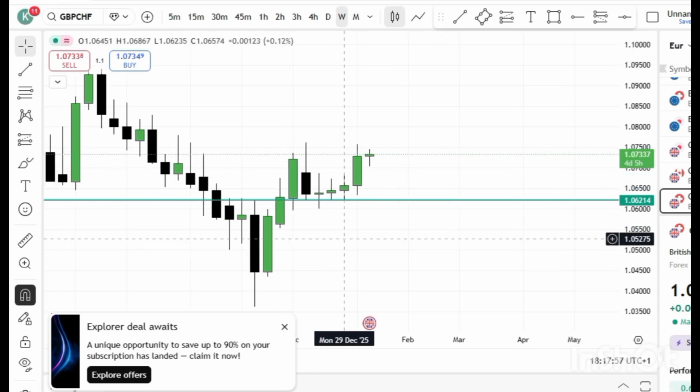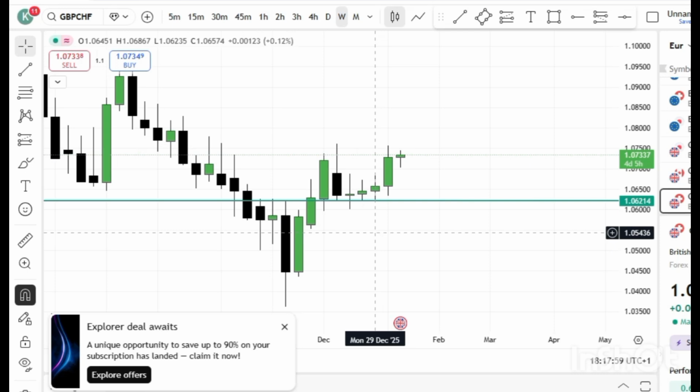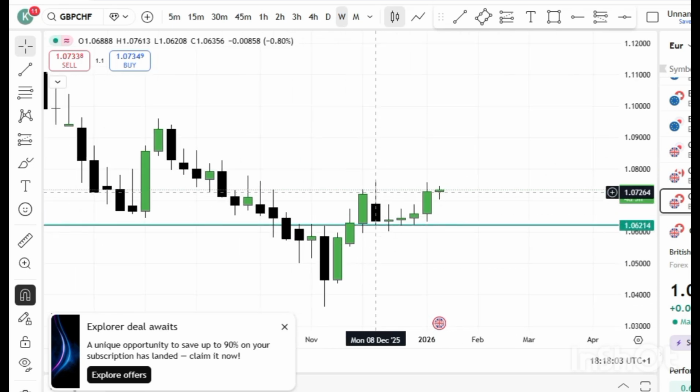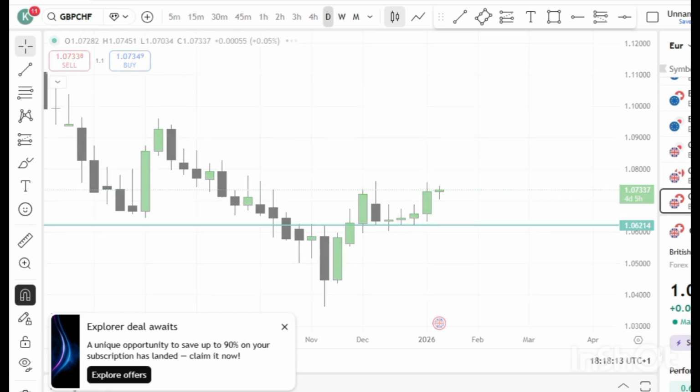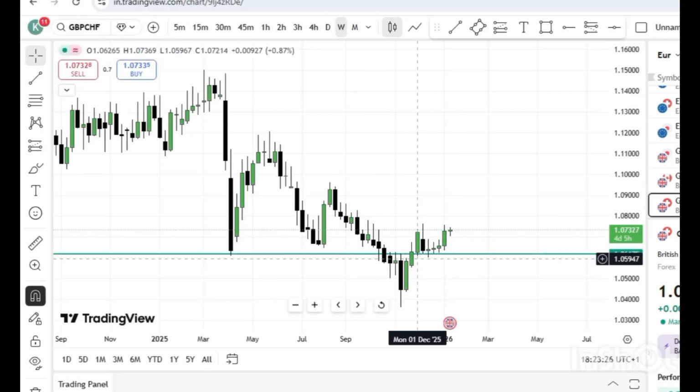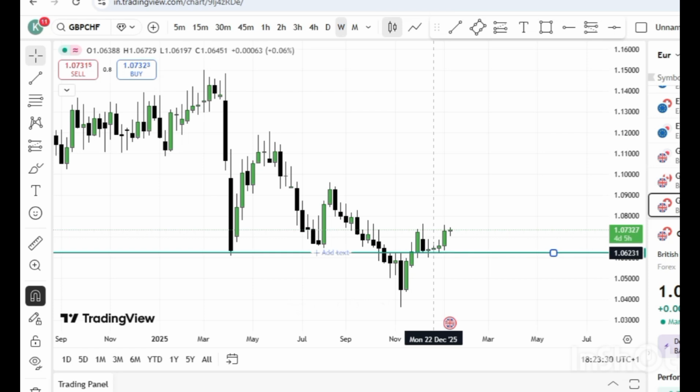Now for the major pullback that I talked about, you can see how the market was inside this down candle, inside this weekly range here. If you go to the daily time frame, this is the weekly zone we marked here.